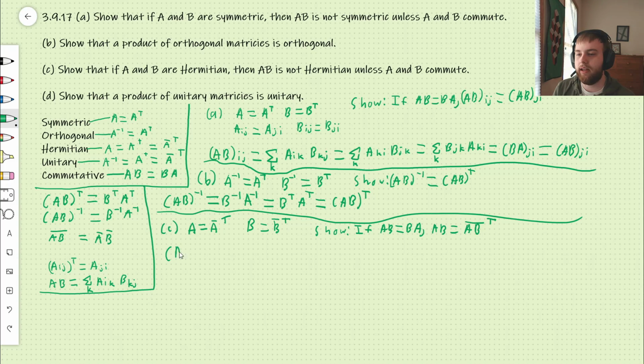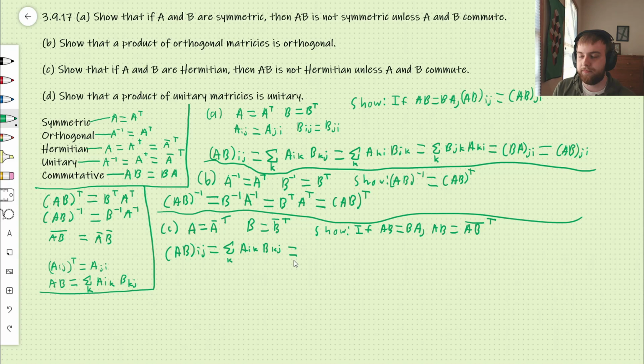We're going to say that the way you multiply these together is by using this formula here, A_ik B_kj.